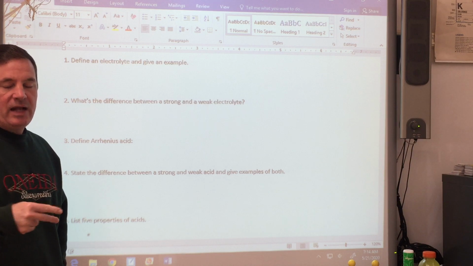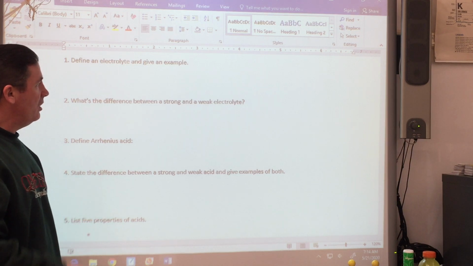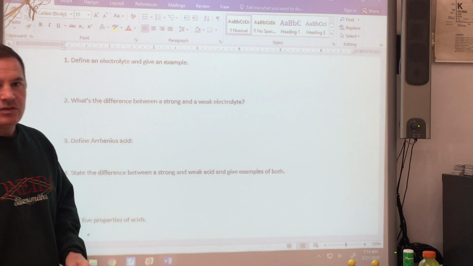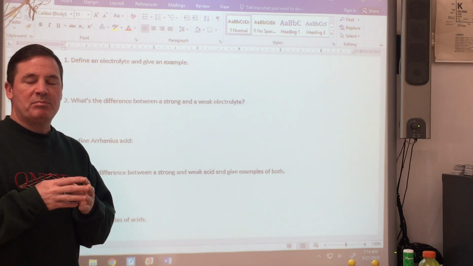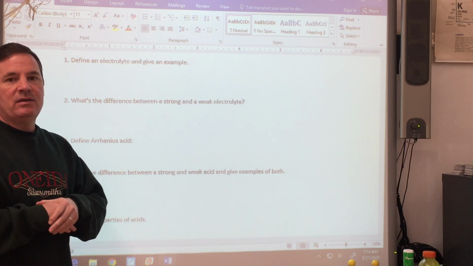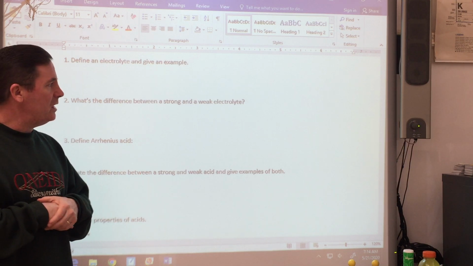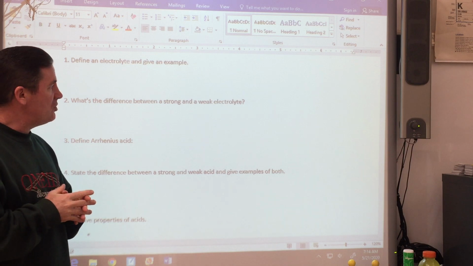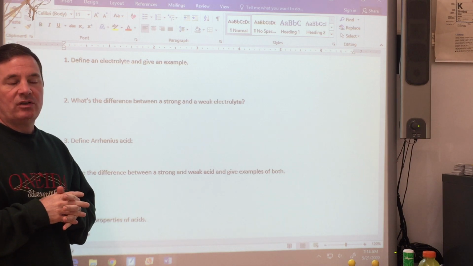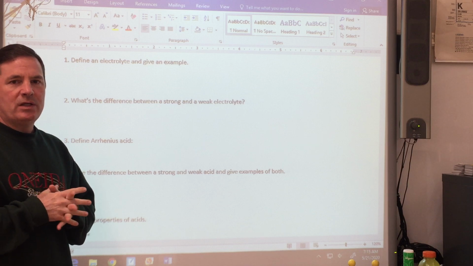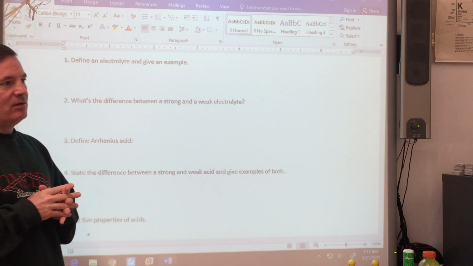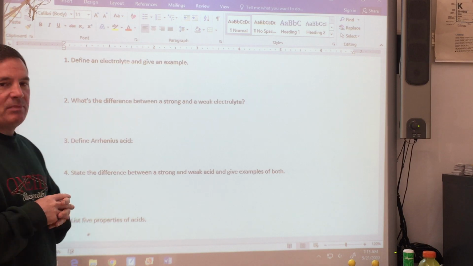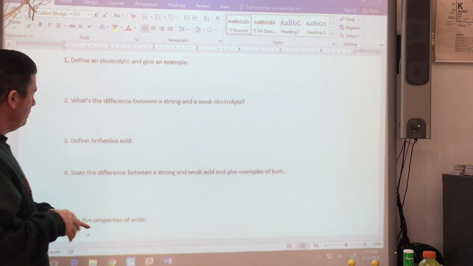You could have put any of those. Strong and weak electrolytes. A strong electrolyte is something that will break apart completely in a water solution, and a weak electrolyte does not. If it's a strong electrolyte, it will conduct electricity very well. If it's a weak electrolyte, it does not conduct electricity very well. Okay? And you can see that by the intensity of the light.